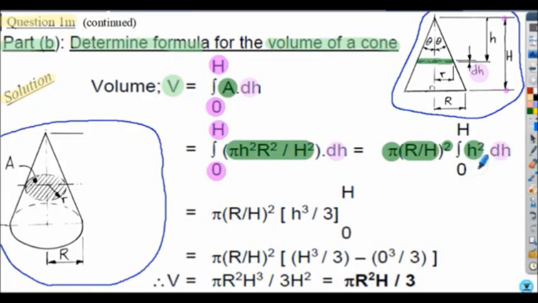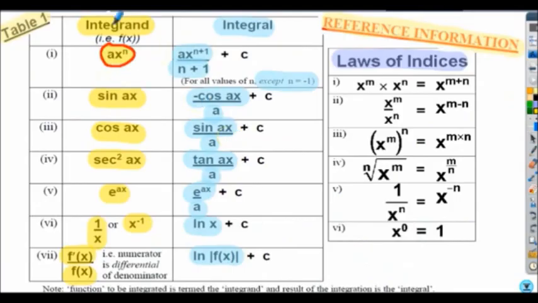So integrating x squared with respect to x becomes x cubed divided by 3. So in this case, integrating h squared with respect to h becomes h cubed divided by 3. And for integrating this, we use the ax to the n format from our tables, item 1 shown here. Ax to the n integrates to ax to the n plus 1 over n plus 1.